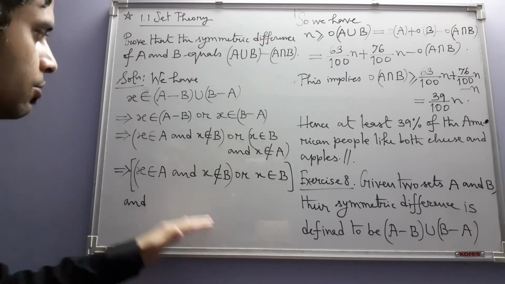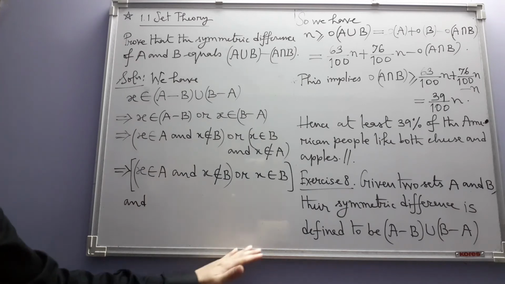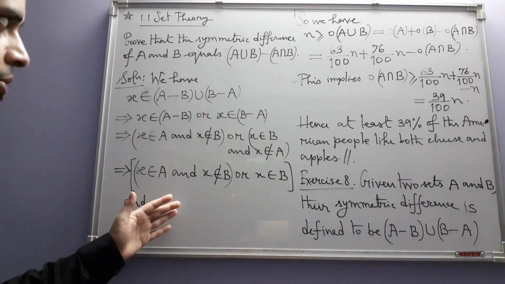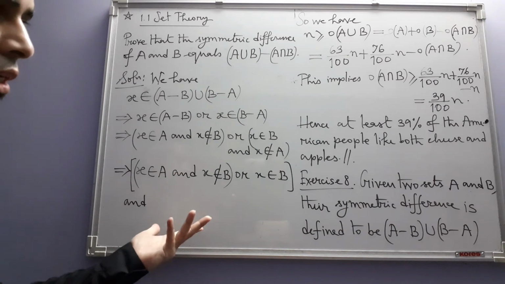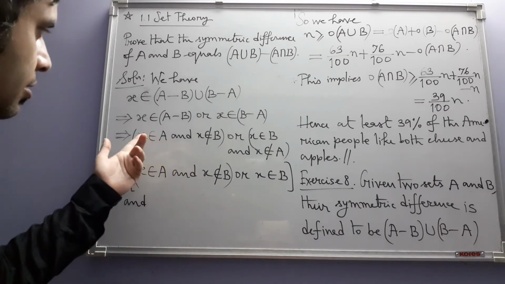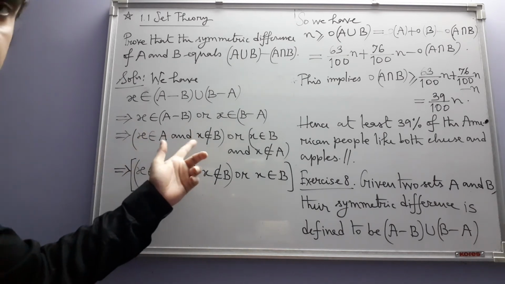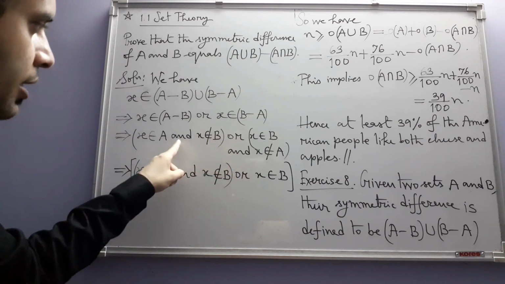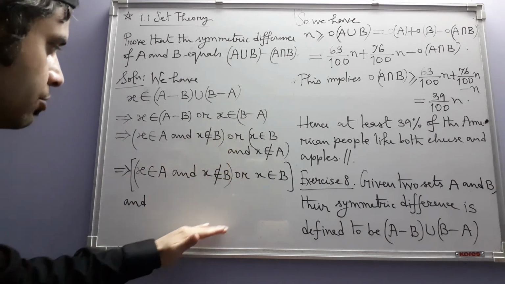So it's better to use the principles of mathematical logic, like the distributive law and associative law, for statements and their logical connectives like and, or. For example, here we have and, here we have or. What to do after this?